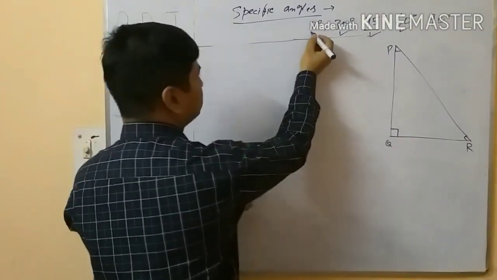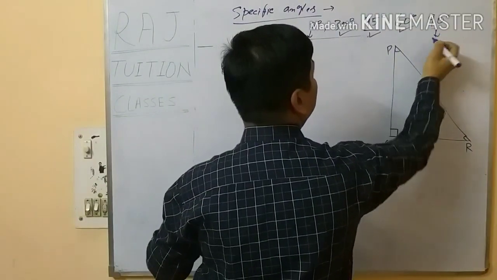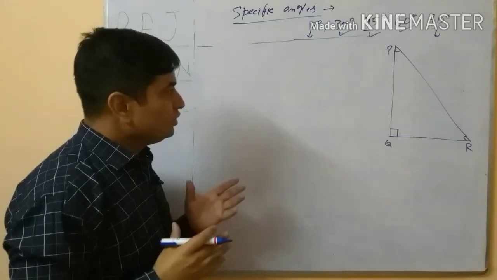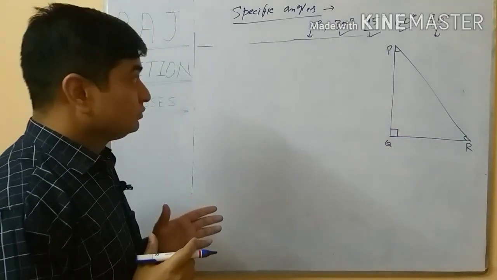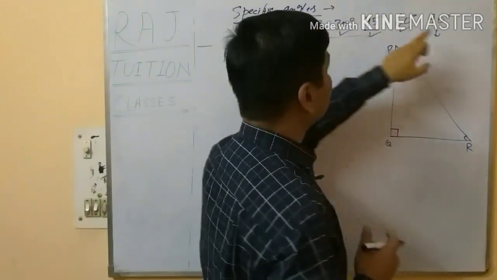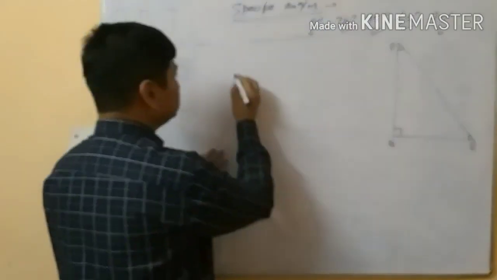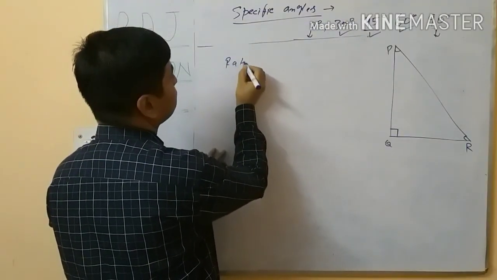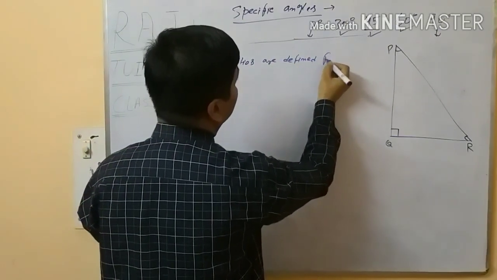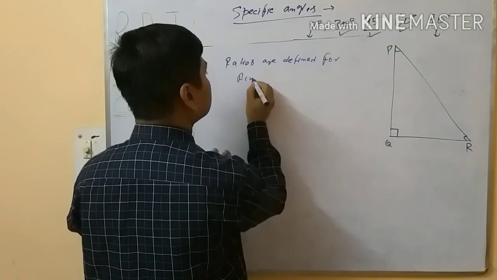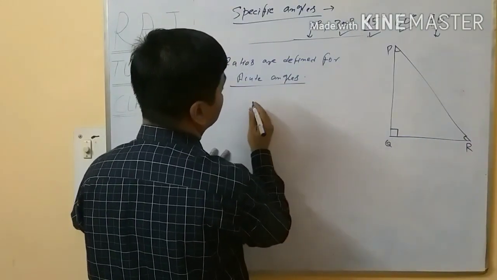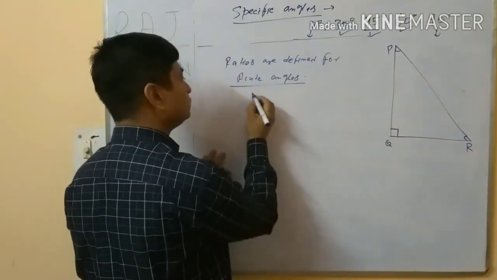So 0 degree and 90 degree both are complicated assumptions. Ideally, it's not possible to have an acute angle as 0 degree or 90 degree, because ratios are defined for acute angles. And what is the definition of an acute angle?